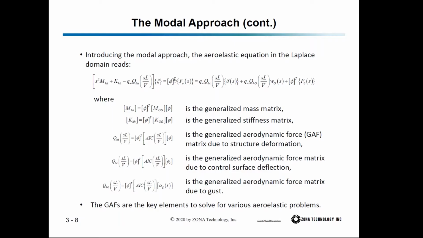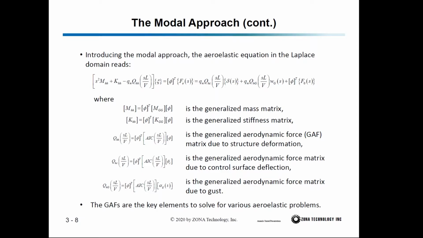So the GAFs are the key element to solve various aeroelastic problems. For example, if we set the right-hand side of this equation to be 0, this becomes an eigenvalue problem, and we can treat the Laplace variable as an eigenvalue, whose real part is damping and imaginary part is frequency. If the damping changes sign, that's where flutter occurs.